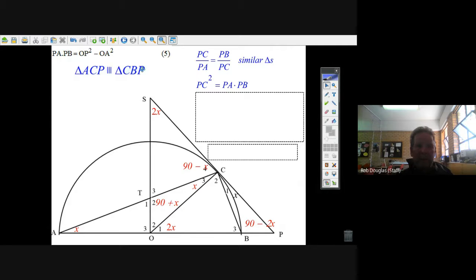PC goes with PA and PB goes with PC. Hey, there's our first fraction. Why can we do it? It's because similar triangles are proportional. Maybe I should have written proportional here. But now, if we cross multiply here, we get PC squared equals PA times PB. Well, at least we've got a way of looking at PA and PB.